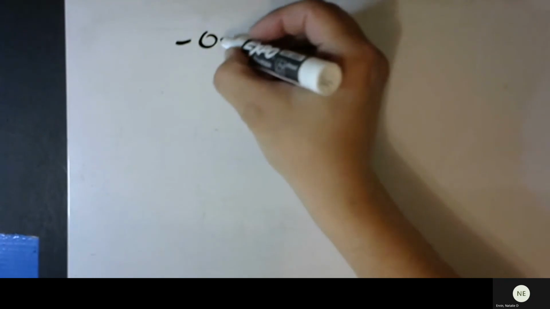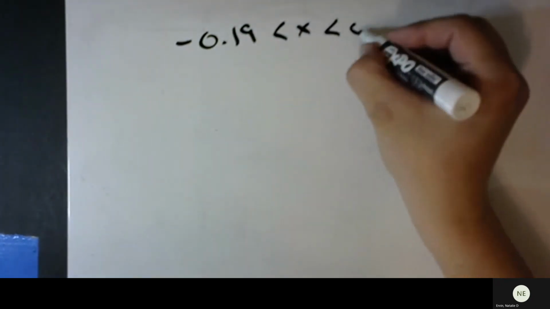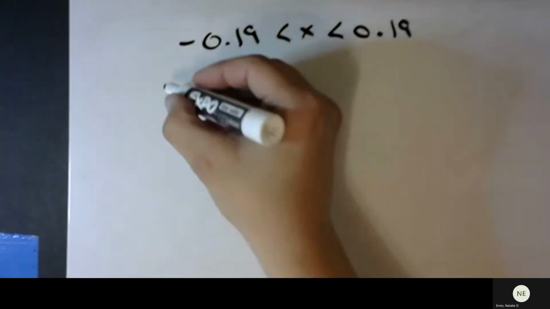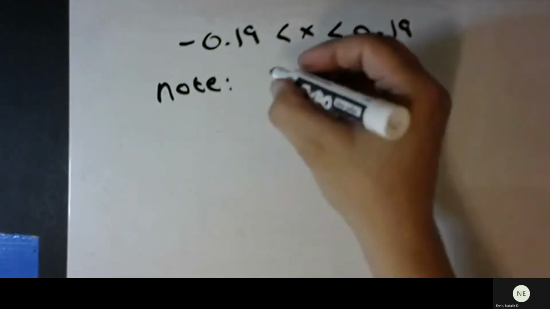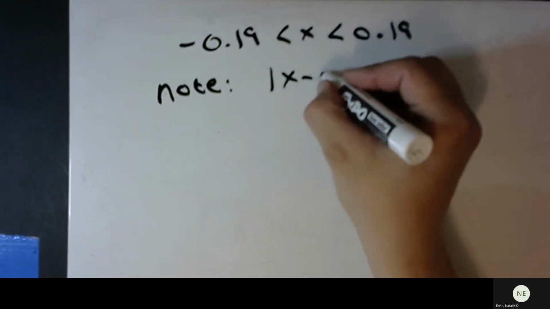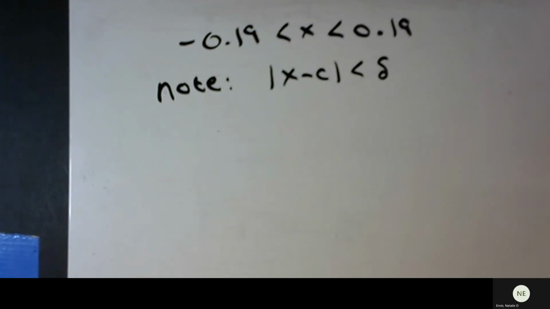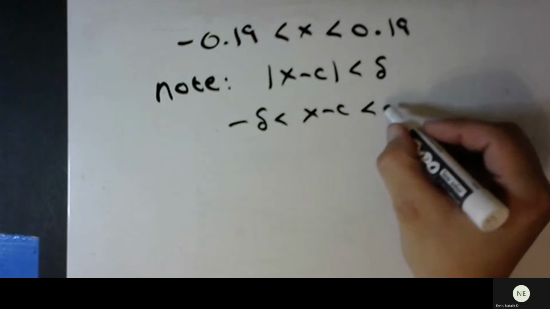So now we'll do this with x. Negative 0.19 less than x less than 0.19. So let's talk about delta. Note, you have the absolute value of x minus c less than delta. Again, you can break up the absolute value like so.